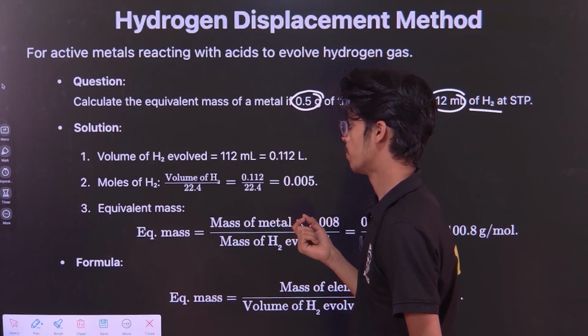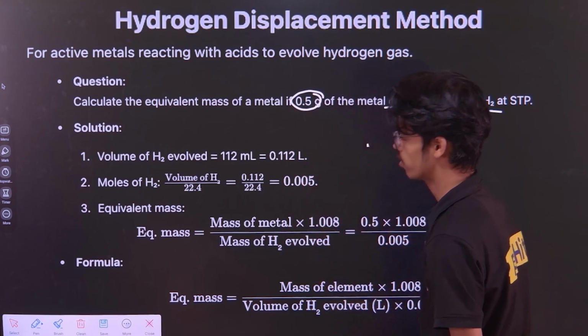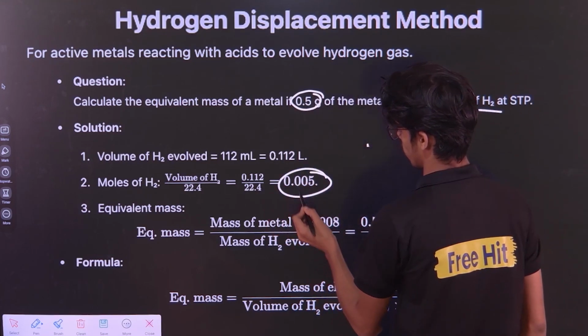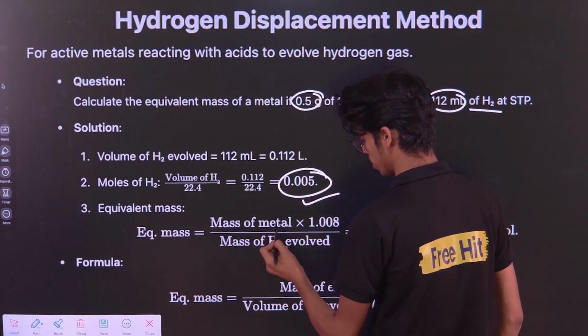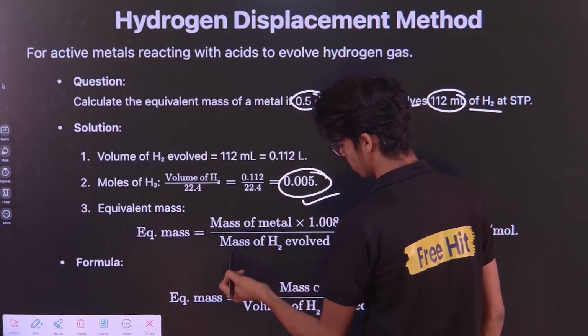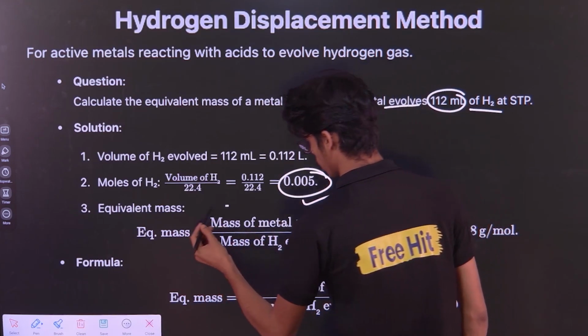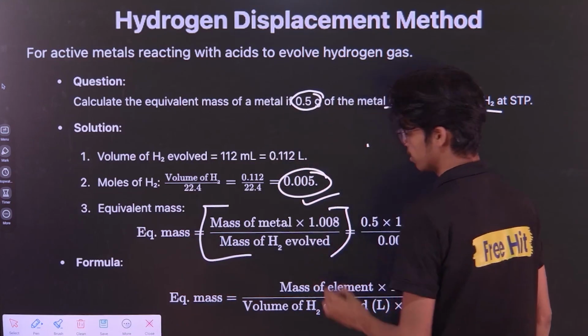Then the equivalent mass will be mass of metal into 1.008 divided by mass of hydrogen evolved. This is the formula, got it, that's it.